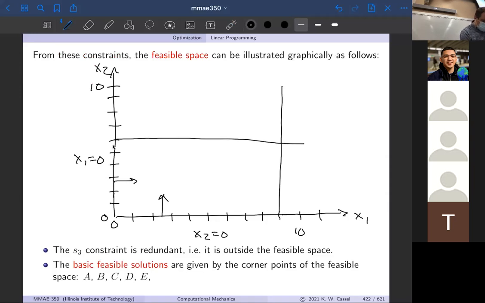So this is 5 and 1, 2, 3, 4, 5. Okay. So this line corresponds to actually S3 is equal to 0. I'll get to that in a second. And this one corresponds to S4 is equal to 0.